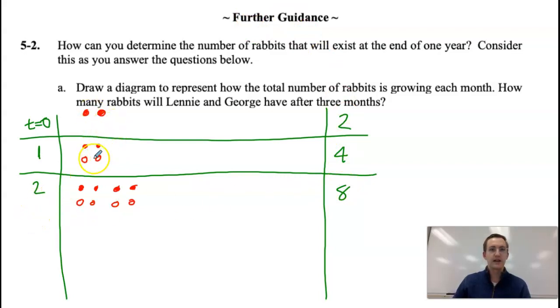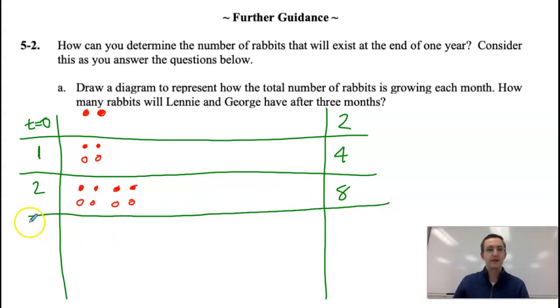So far, so good. Again, every pair of rabbits from the last month is going to have 2 kids as we go to the next one. So now let's go to 3 months and see if we can diagram this out. Now every one of these pairs from the last month, so all 8 of these, every pair is going to have 2 more rabbits. So we've got 1, 2, 3, and 4 pairs now.